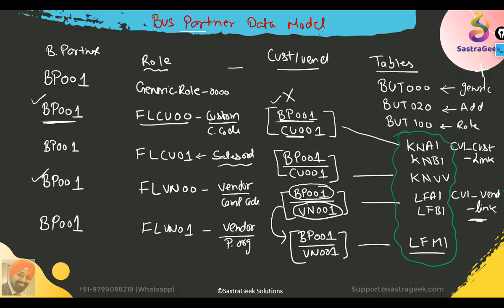The tables which get updated would be different. This is for the organization. The BUT tables would be the same, but the different tables which get updated will depend on the role you select. When you select a group, we will not be using a group at all. Neither is group used in order to cash nor procure to pay.